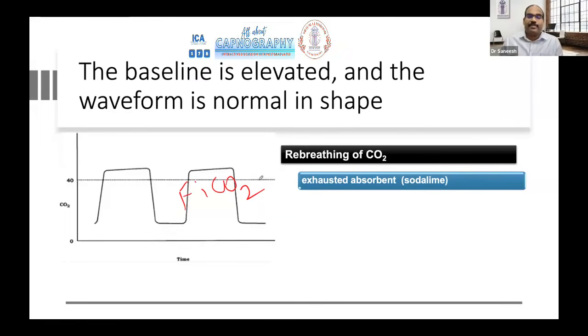So basically, you are eliminating the role of the soda lime canister as such. The idea of going to low flow is we are trying to use the maximum of the rebreathed gas mixture in our fresh gas mixture after removing carbon dioxide. Carbon dioxide is the only element you would like to remove before making it join the fresh gas flow.